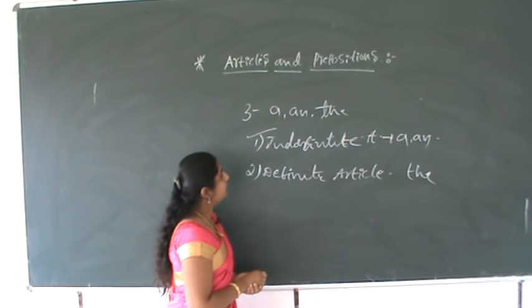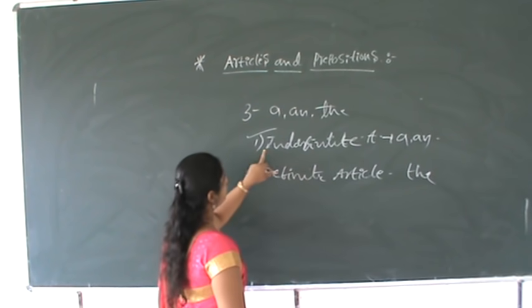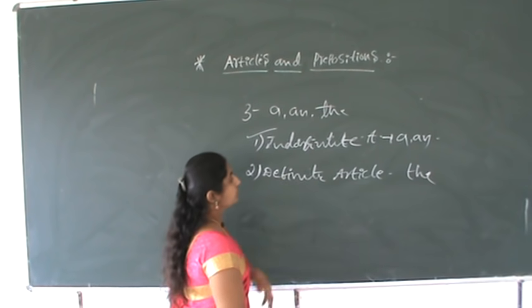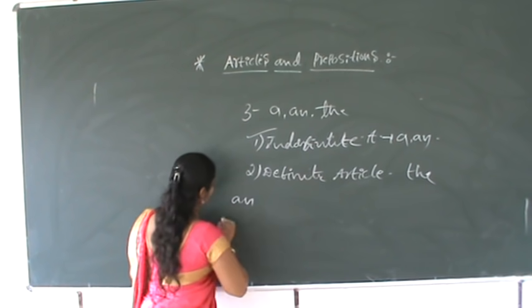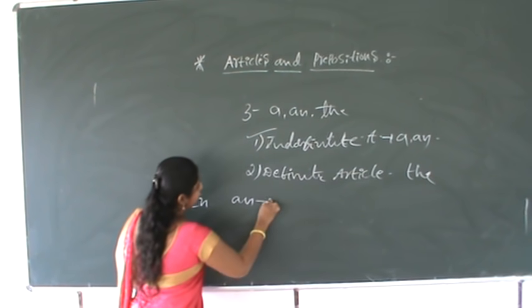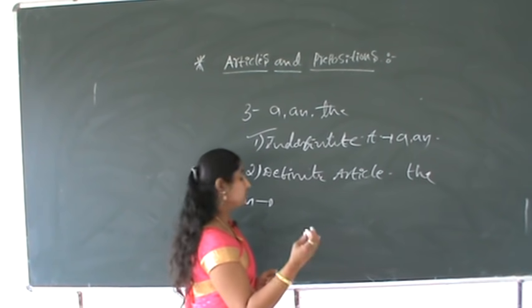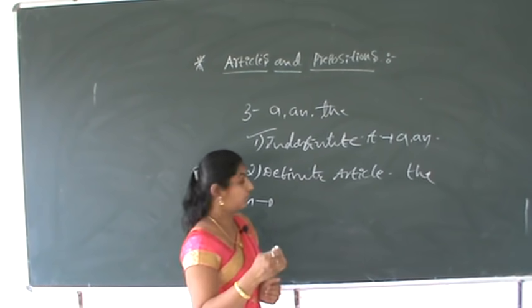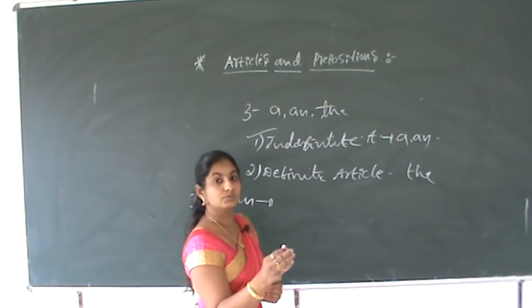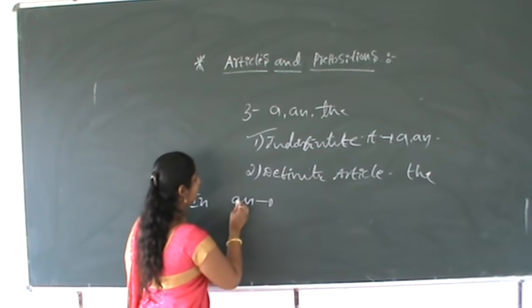We already came to know about the use of the indefinite article an. Here this an is used before vowel words. Before vowel sounds we use the indefinite article an.